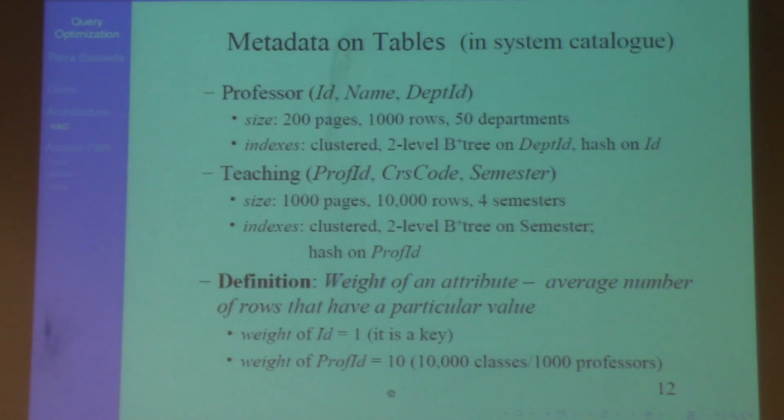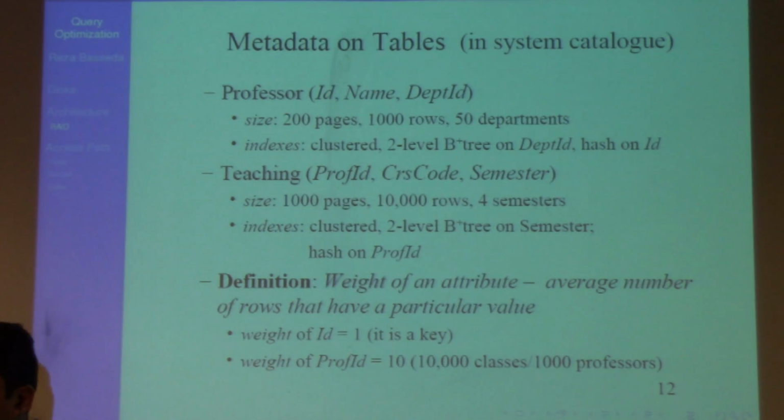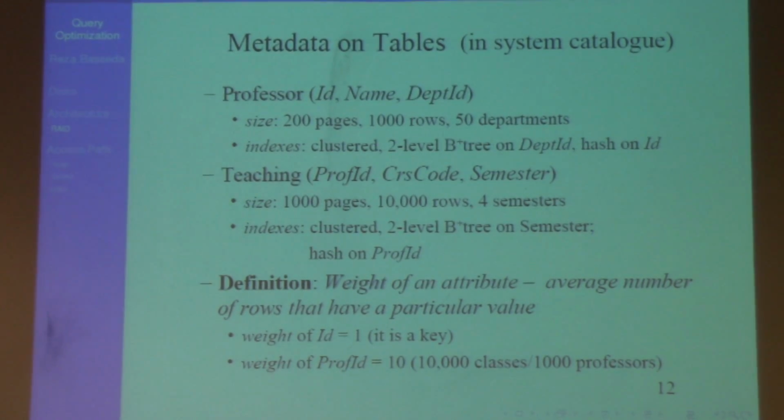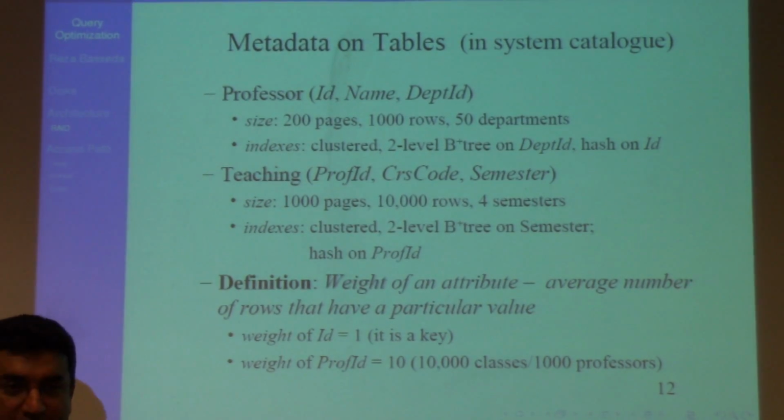So what kind of join will you use? Block nested. Why block nested? Because you have hash already? No, hash join is also very efficient. How do you say that?